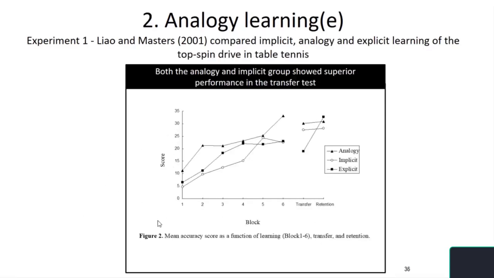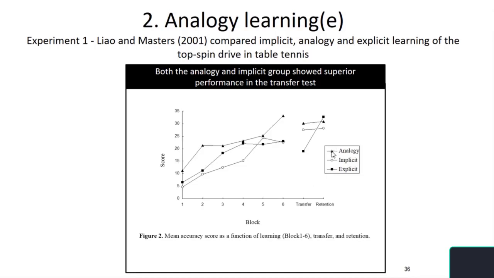In terms of the results during practice and transfer, along the x-axis we have the training blocks, and along the y-axis we have the score that they're achieving during those training blocks in terms of where they hit the ball on the target zone.